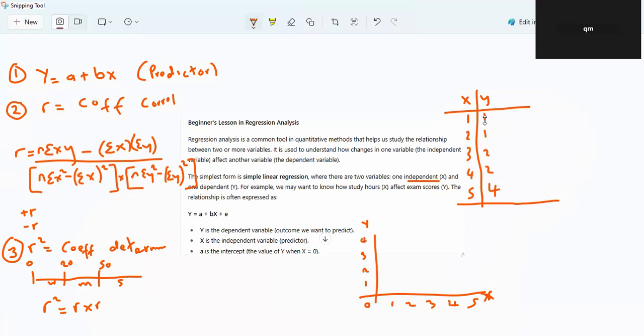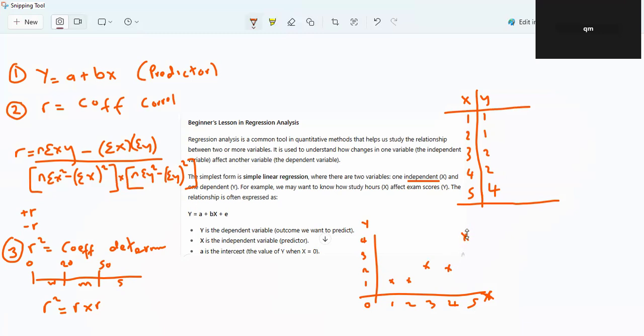The first part is asking us to sketch 1, 1. So 1, 1 is here. 2 on x and 1 on y. So 2, 1. 3, 2 is here. 4, 2 is here. 5, 4.